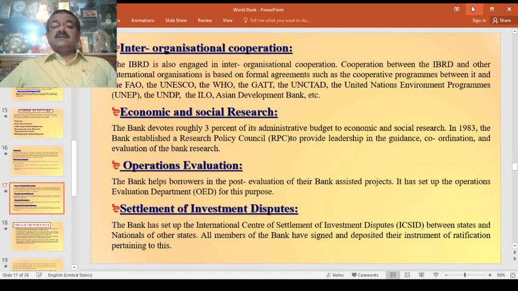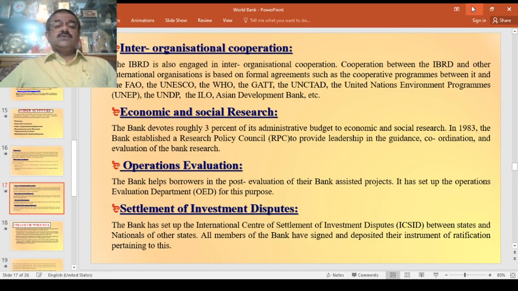The UNCTAD, the United Nations Environmental Programs, UNEP, and the UNDP, the ILO, and Asian Development Bank. I hope that you understand these are all international organizations working for one or the other purposes. So there will be inter-organizational cooperation that is inevitable, and that should be encouraged too. So IBRD is encouraging all these types of inter-organizational cooperation.